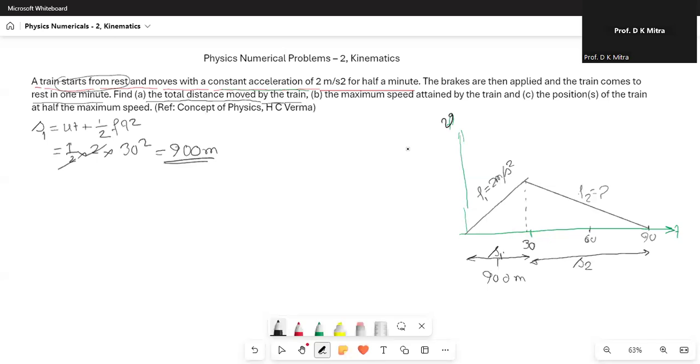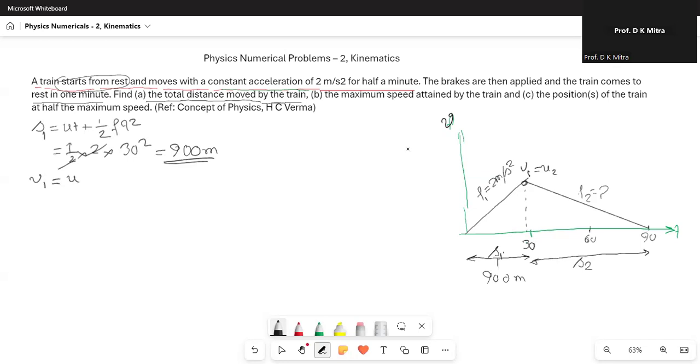Now, when we try to find out S2, in order to apply the same equation, we need the initial velocity. That means velocity here. If we consider this velocity here is V1, that means the final velocity after stage 1, which is also equal to U2, that is the initial velocity of phase 2. So we can find out V1 using the first kinematic equation.